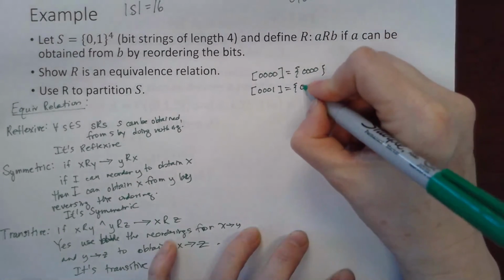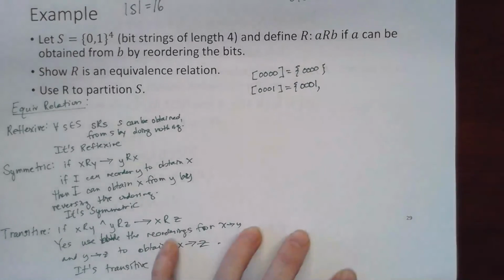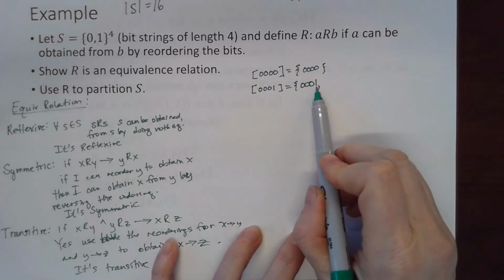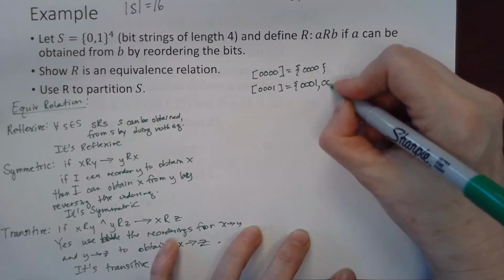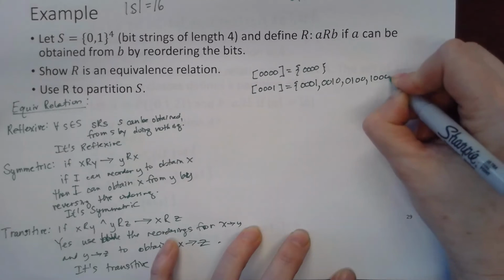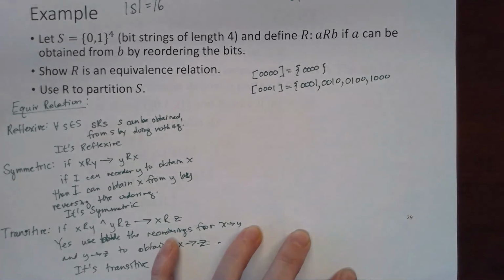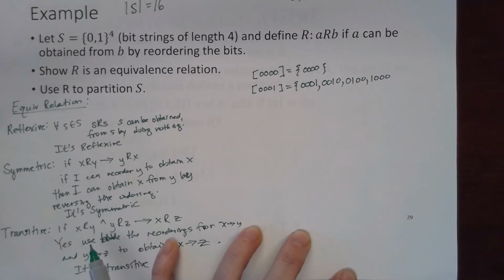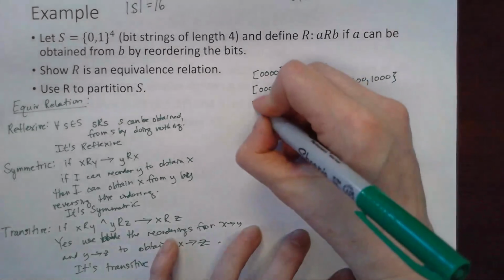So we have that one in the least significant bit spot, where you could move it over here, or you could move it here, or you could move it to the most significant bit. These can all be reordered to turn into each other. But those are the only ones that have only one 1 in them. So that's going to be the end of that class.